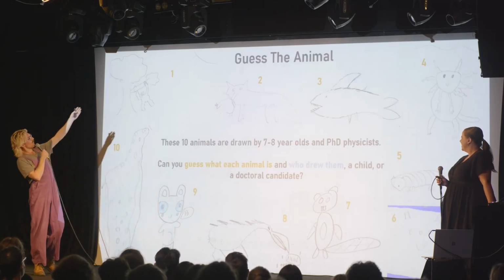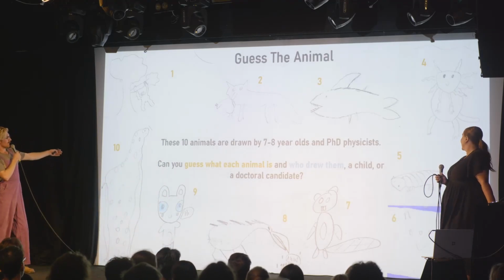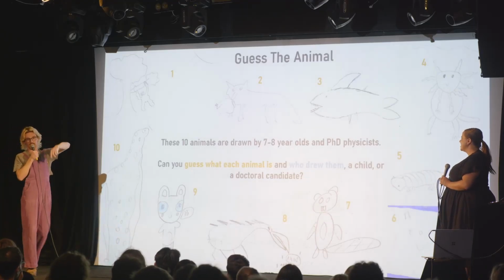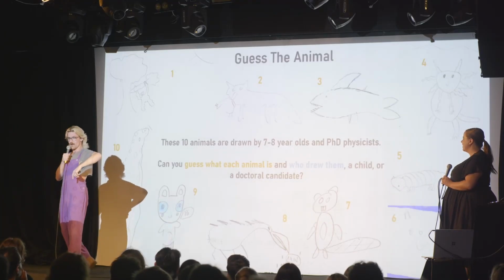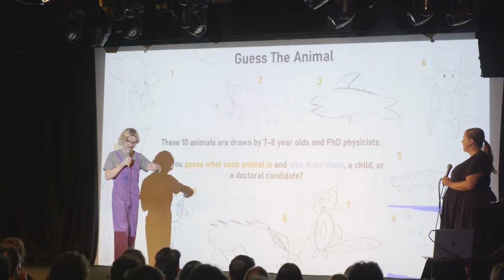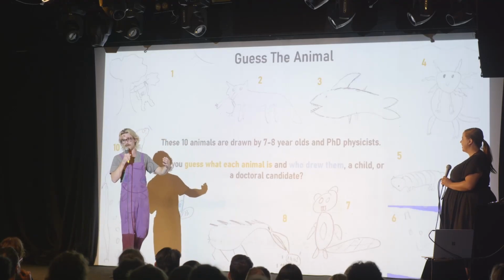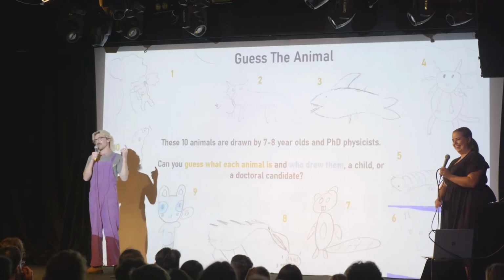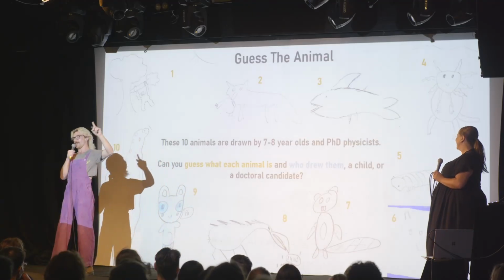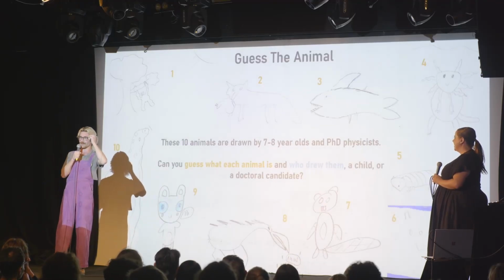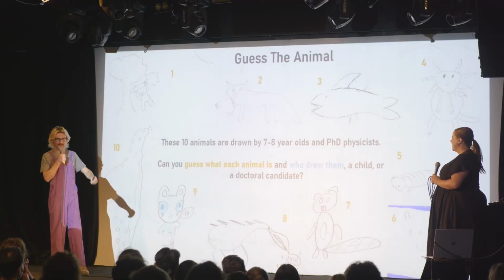There are 10 animals up here that are drawn by either 7 to 8-year-old children from my mate's class, or experimental and theoretical physicists with either a PhD or going to obtain a PhD. Can you tell what these animals are and who they were drawn by? There's no real prize at the end of this, apart from the sense of satisfaction of winning. I probably should have won a prize, but hey ho.